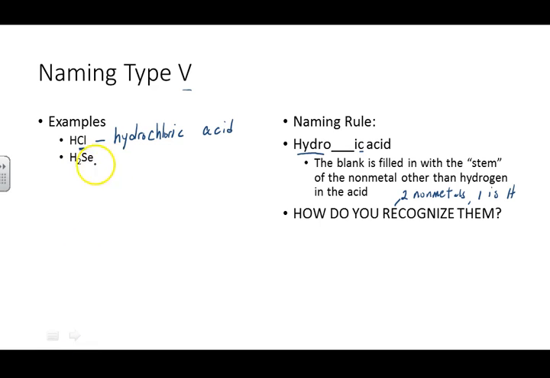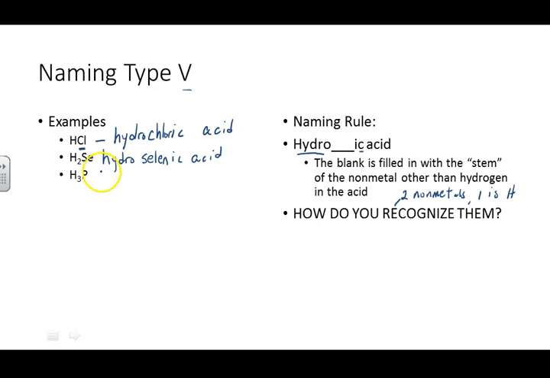Next we have H2Se. So our hydro-ic acid, selen is the root of selenium, so this would be hydroselenic acid.